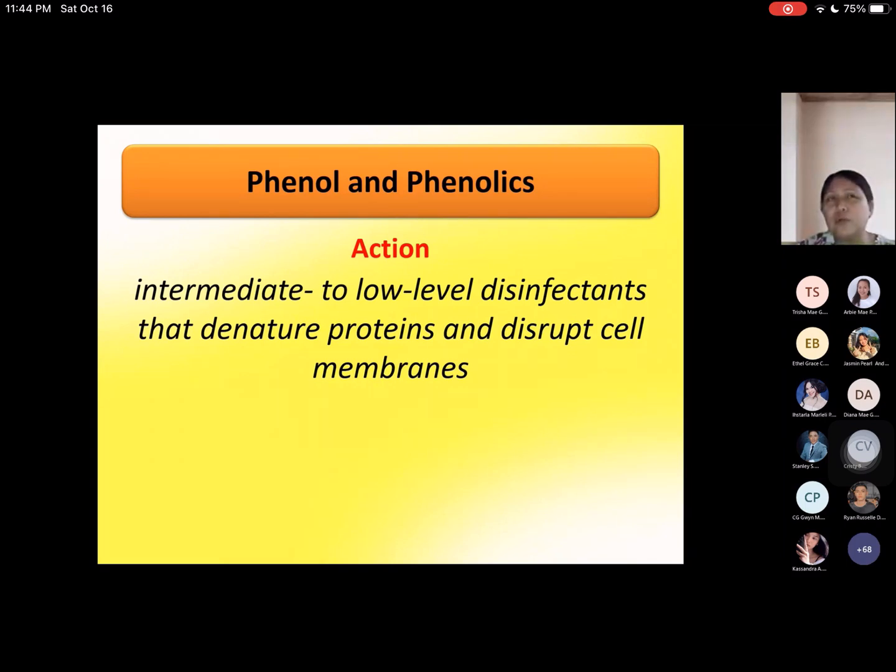For example, for mycobacteria, which are rich in lipids in their cell wall or cell membrane, this is the work of the phenolics. They denature proteins and disrupt cell membranes in microorganisms like mycobacteria, which are rich in lipid in their cellular membranes.